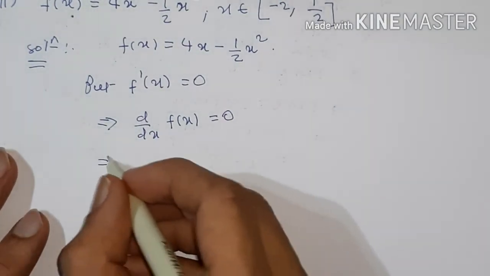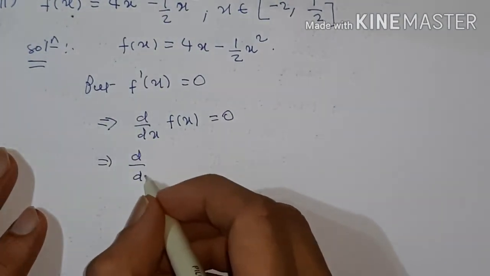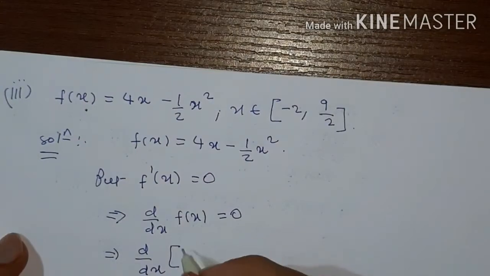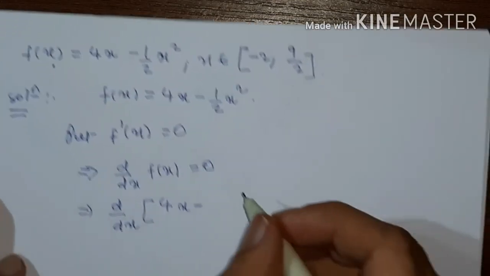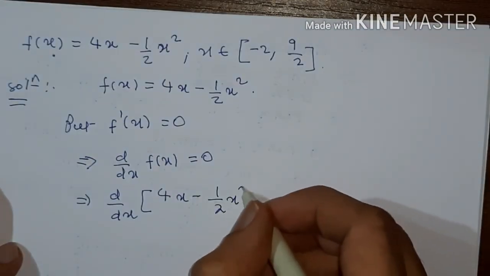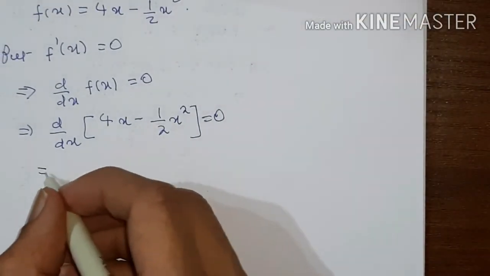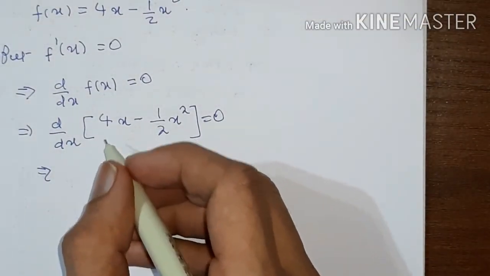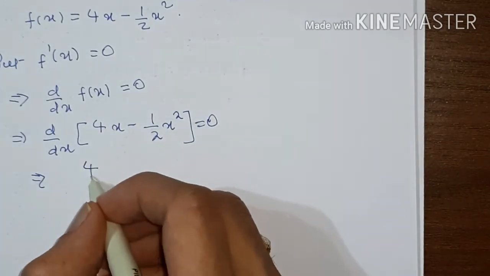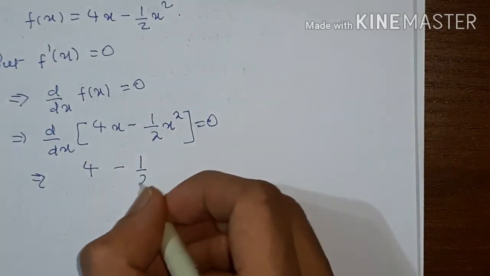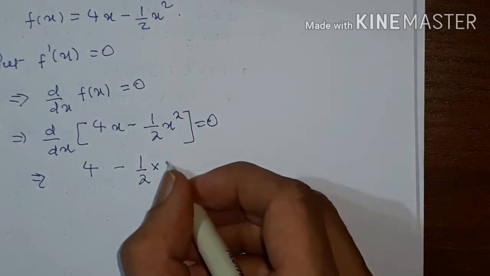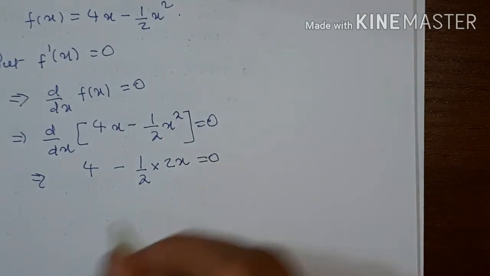So that means the derivative of this 4x minus half x square equal to 0, right? So this means the derivative of 4x is 4, minus half multiplied by the derivative of x square, which is 2x, equal to 0.